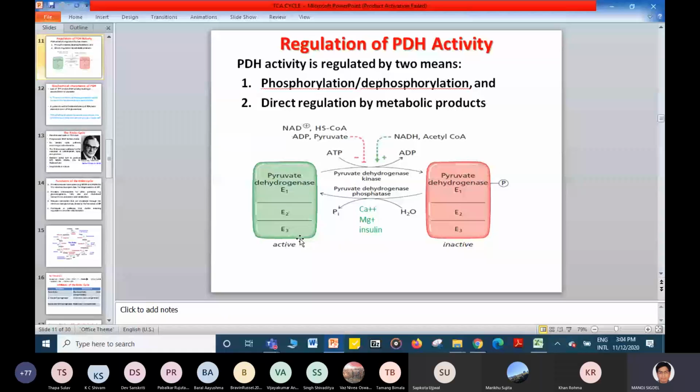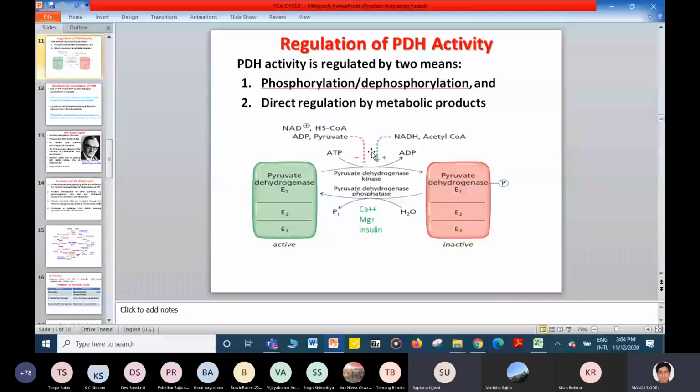Actually, for the action of pyruvate dehydrogenase kinase, ATP is required. That means during its activity, ATP will be utilized, resulting in the formation of ADP. If there is already a large amount of ATP, pyruvate dehydrogenase kinase will be active, and once this kinase is active, the pyruvate dehydrogenase enzyme will be inactive.